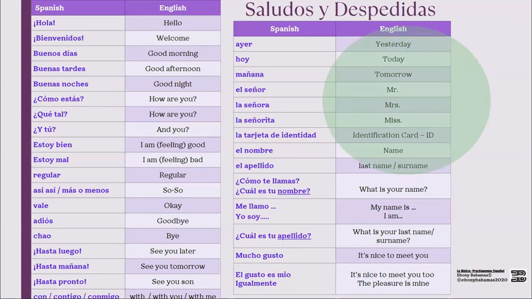So for those persons who have just come in the room, I am using the information on the screen so that you can grab information from it as you need it, because you're going to go in a breakout room right now and you are going to create a dialogue.